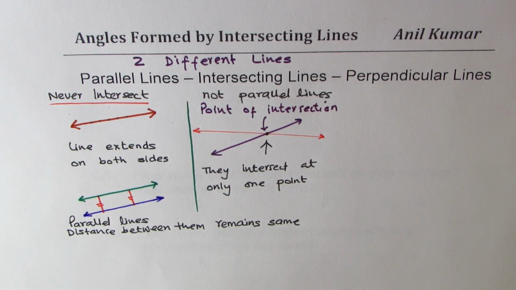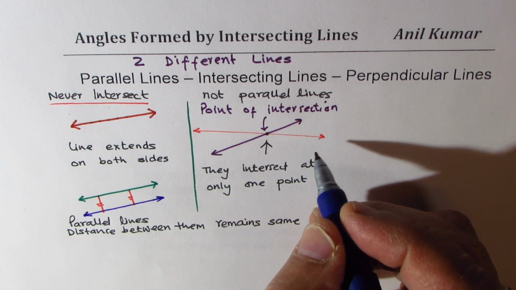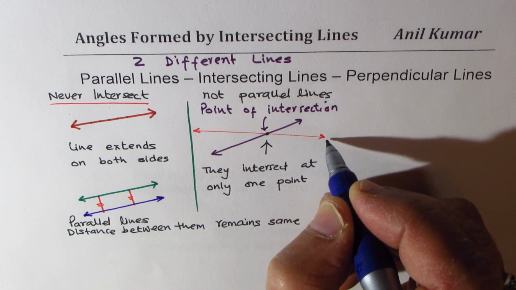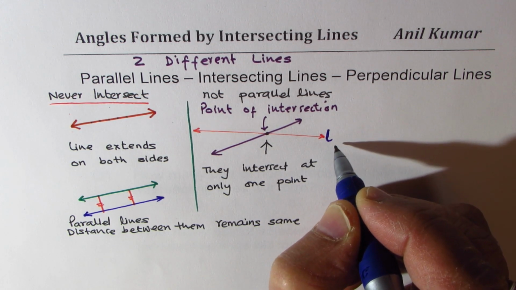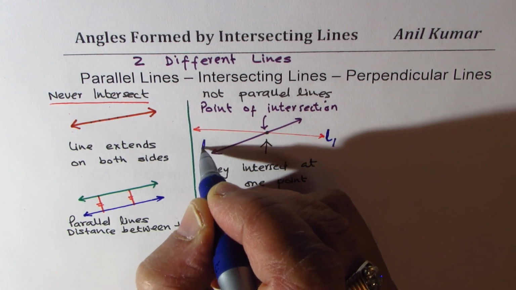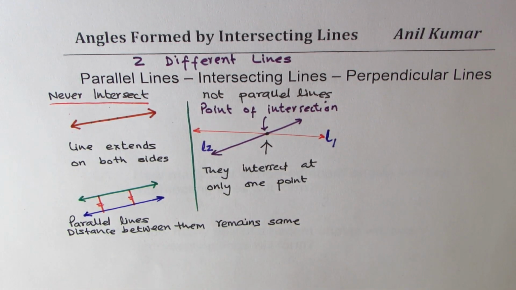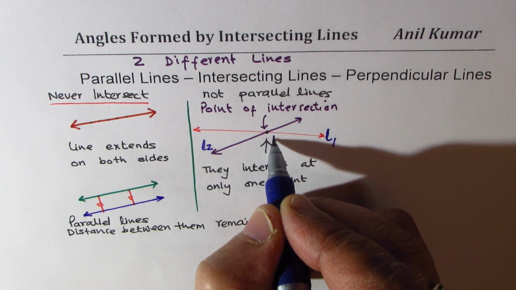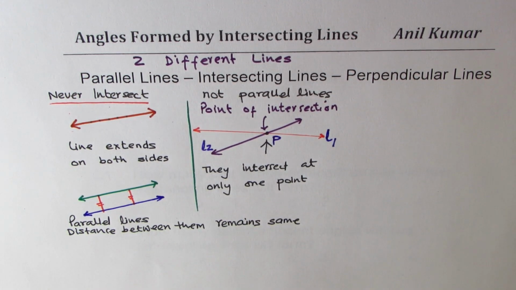So that is how we'll understand our lines and point of intersection. Now, as we move forward, when we have more than one line, we'll try to give them names. So I will write name of the line as L, and if there are more than one line, I'll write L1 and L2. So that becomes two different lines. And a point of intersection by a capital letter, let's say P, that forms a point of intersection.